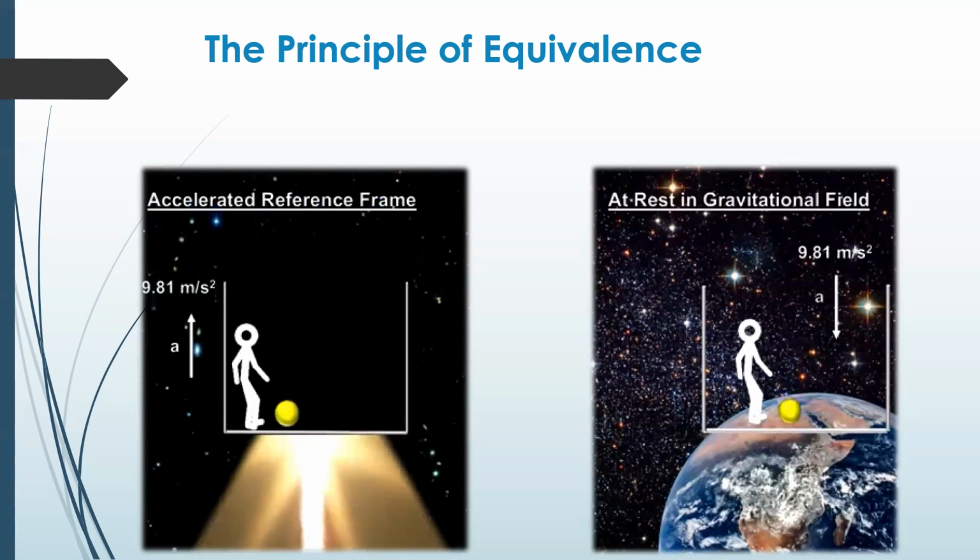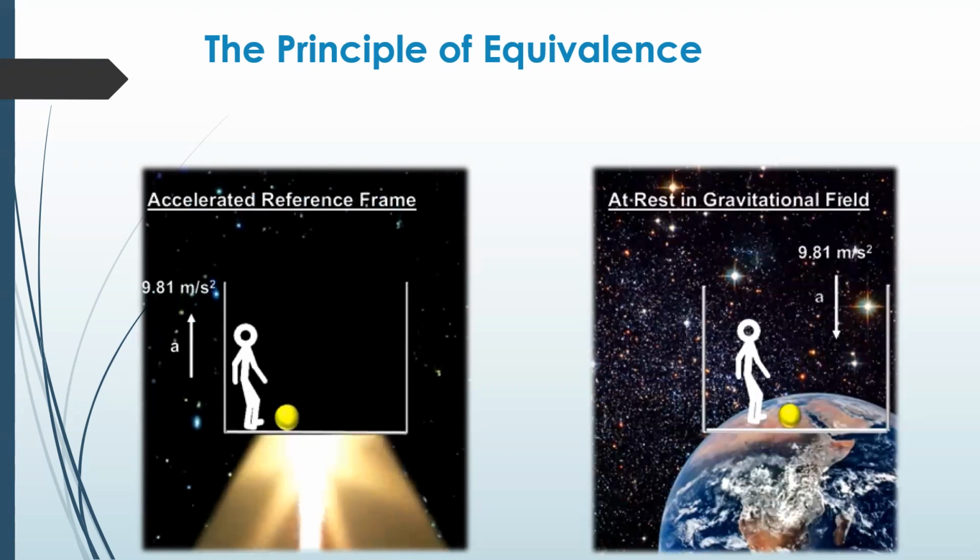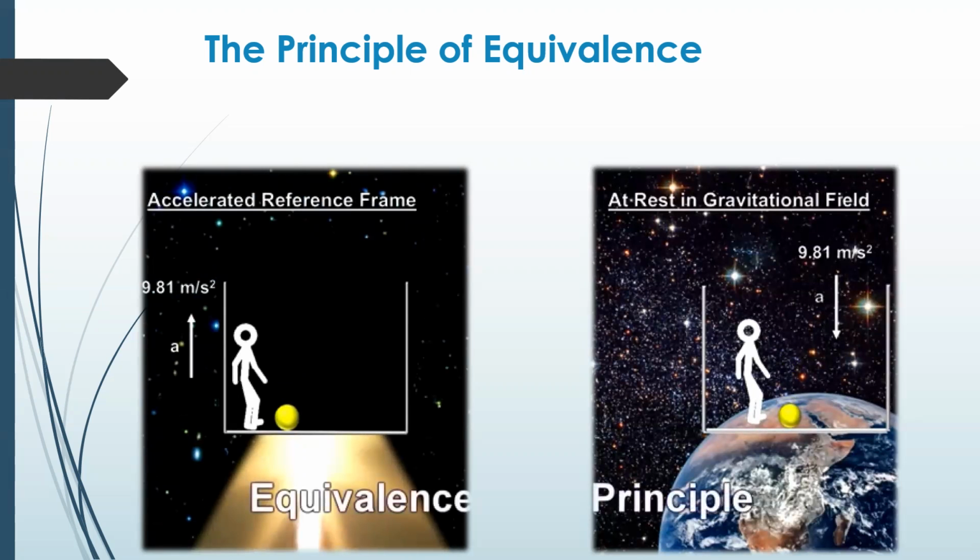The first picture is an accelerated frame, that is a non-inertial. And the second one is a rest frame in the gravitational field. So it is an inertial one.